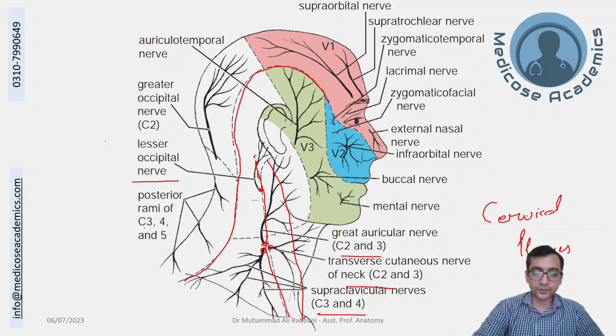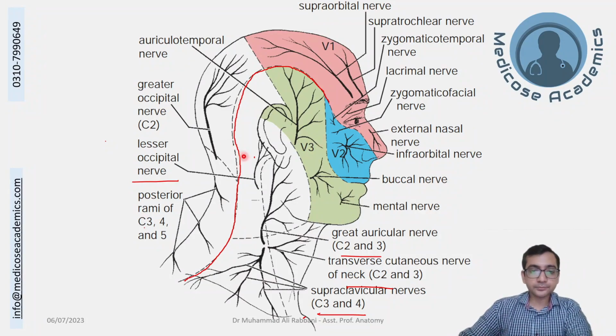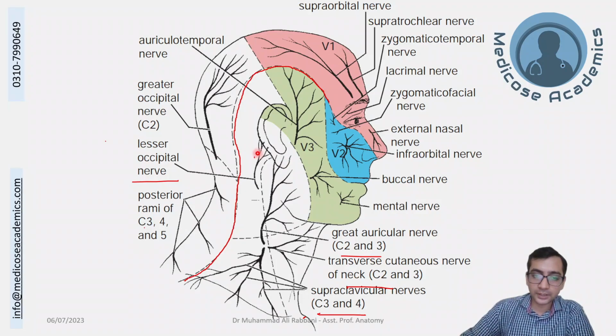So now let's see where all of these 4 go. After emerging from the sternocleidomastoid, 2 go up and 2 go down. Of the 2 that go up, one goes to the front of the ear, anterior to the ear, and one goes to the back of the ear.